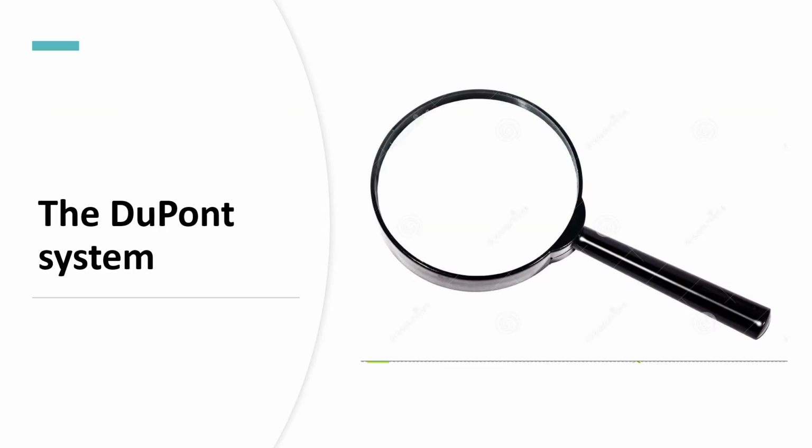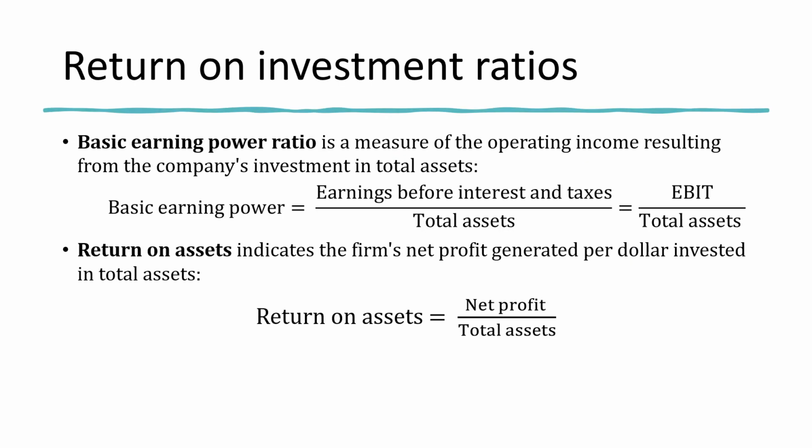Now we'll take a look at the DuPont system, and the DuPont system is a way of looking at ratios. We're going to take a couple ratios and break them down into components, which can give us a better idea of what is going on within a company. Now what we want to do is first look at return on investment ratios.